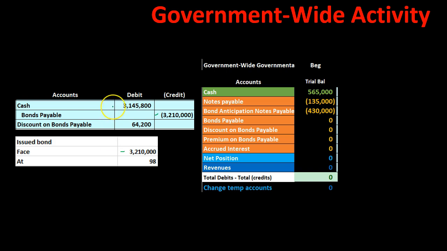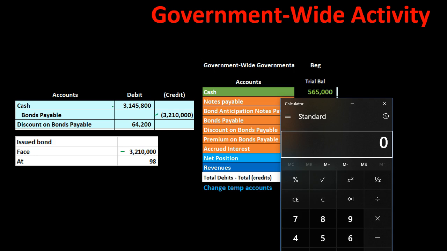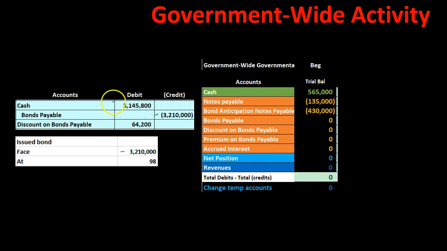We're going to debit the cash that we're going to get. In this case, we're going to get less cash because we're only going to get 98% of the face amount. So $3,210,000 times 0.98 is what we're going to get, $3,145,800. And of course, when we get something less than the face amount, we call that a discount.